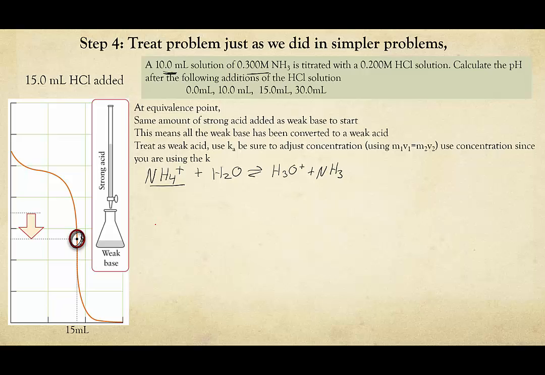However, now it is in 15 mils plus 10 mils. And so when we fill into our ice chart, we will need to account for that by dividing the amount of moles by the new volume. You can also do this using our typical way of doing dilutions, which is M1V1 equals M2V2.